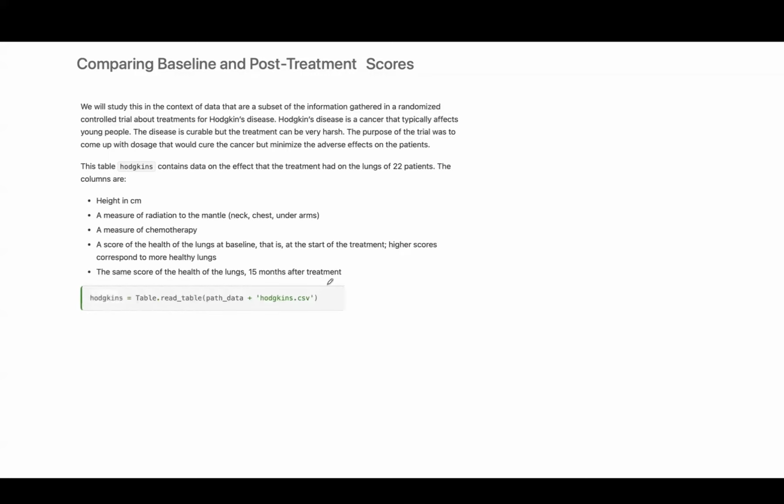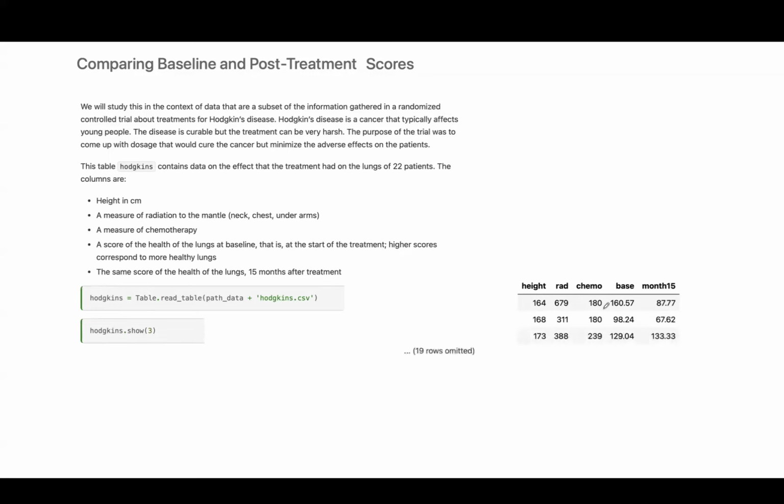Let us take a look at our table. We're looking at the first 3 rows. You have the height, the measure of radiation, the measure of chemotherapy, the score of the health of the lungs at baseline, and then the same score after 15 months.